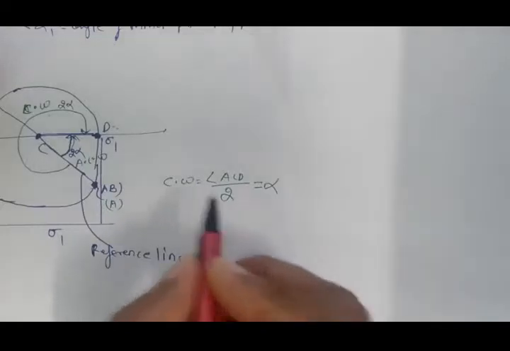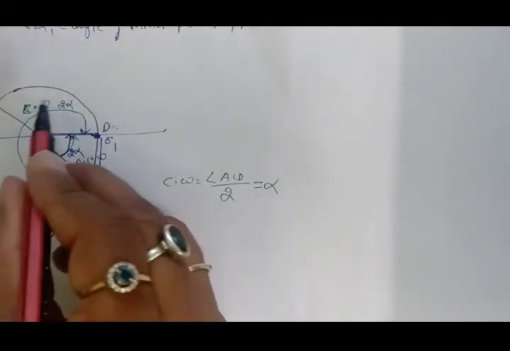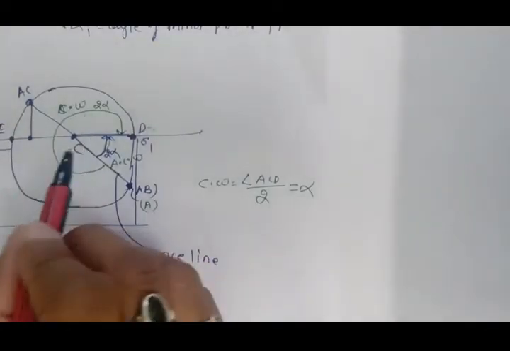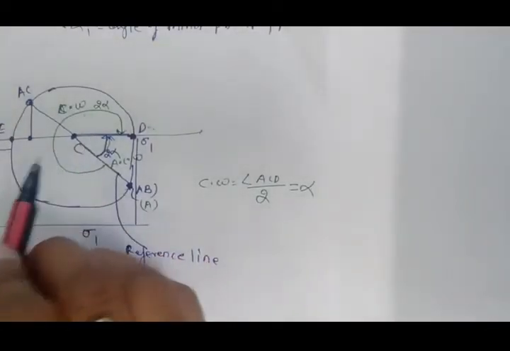This value you have to write. Whatever you measure in this Mohr circle, you have to take half the value to give the answer for the angle of the major principal plane, because every angle is doubled in the Mohr circle. You have to keep that in mind.